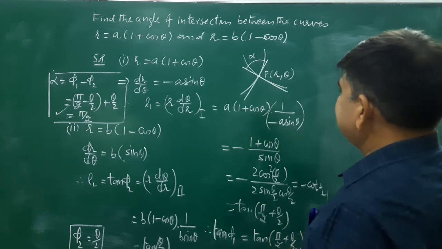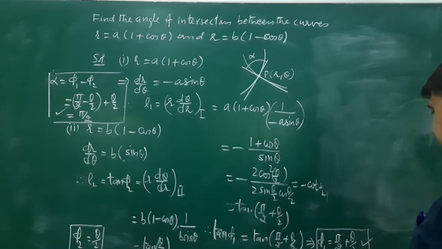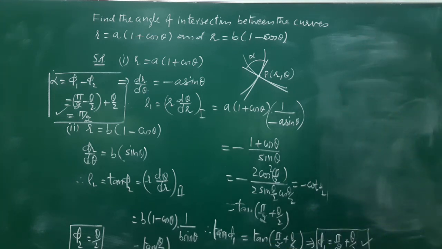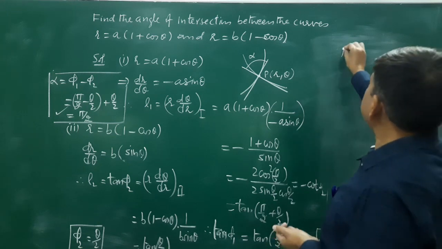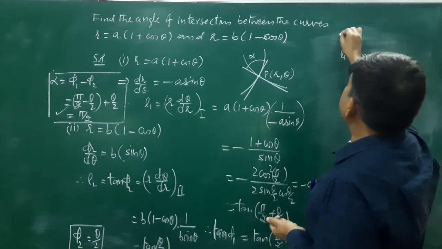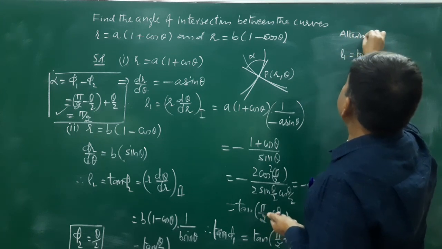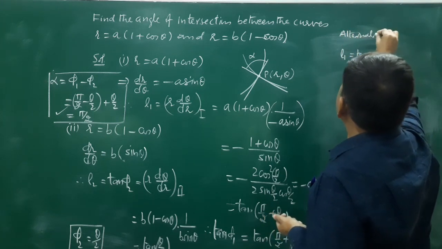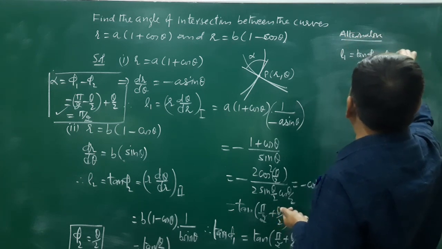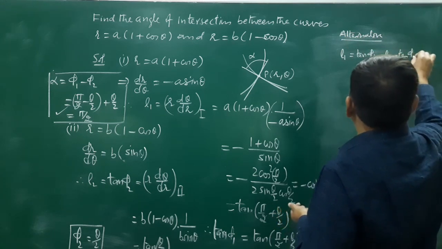We can consider L1 and L2 as an alternative. L1 is tan of phi 1 and L2 is tan of phi 2.